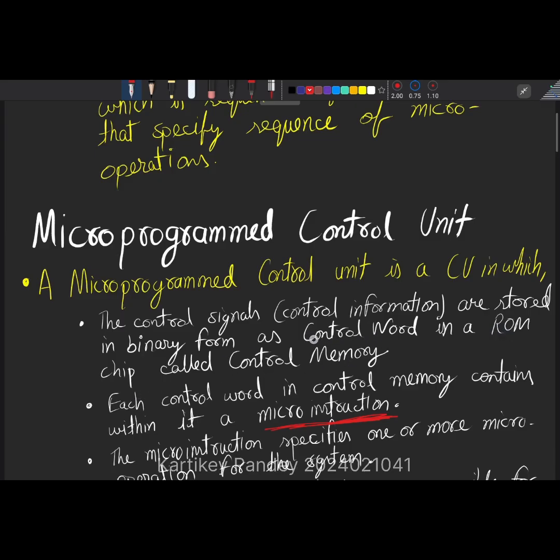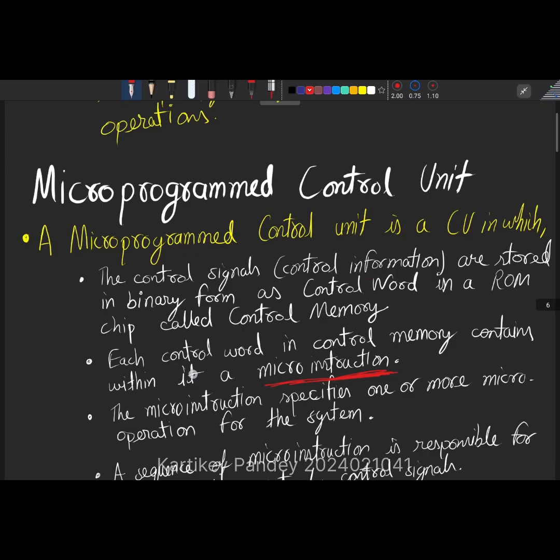You must know about words, as words are stored in the memory of a computer. Similarly, a control word is stored in a ROM chip called control memory. And each control word in control memory contains a microinstruction, and these microinstructions specify one or more micro operations for the system.